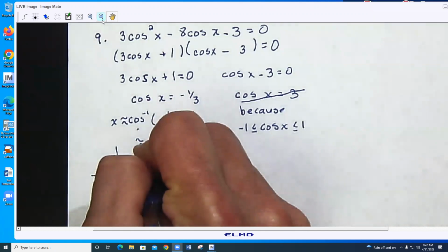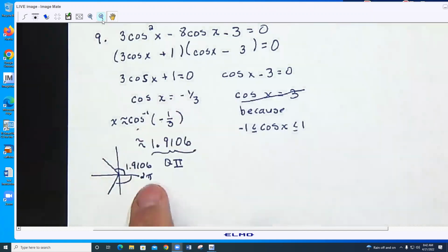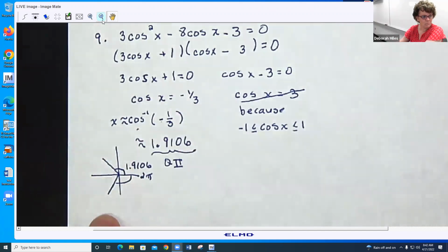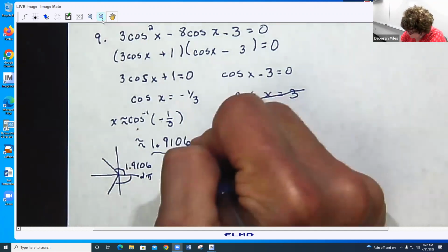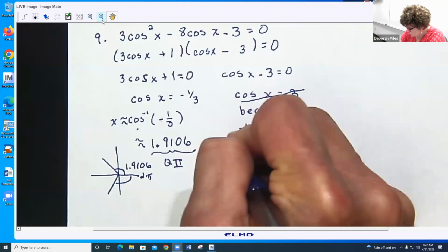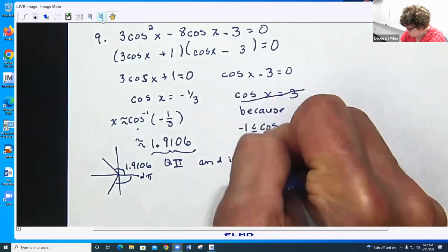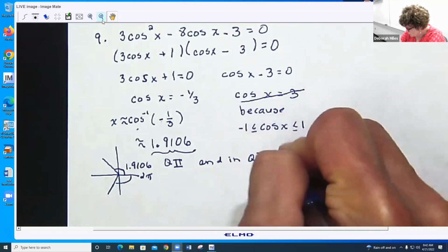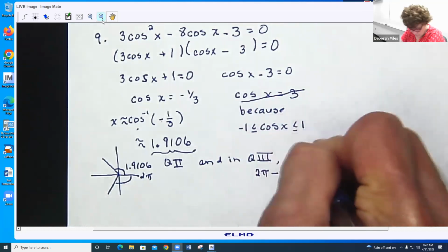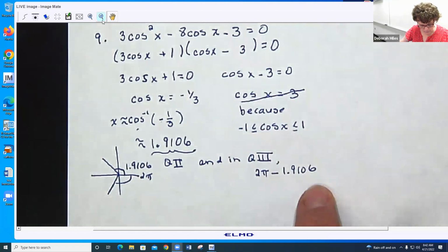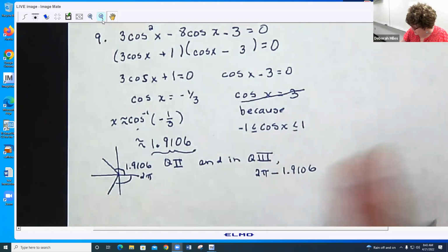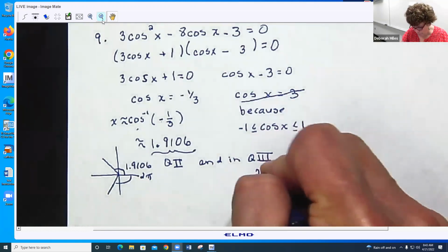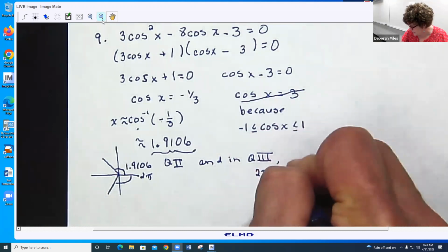Subtract. Oh, yeah. What about 2 pi minus 1.9106? And I got that to be approximately 4.3726.